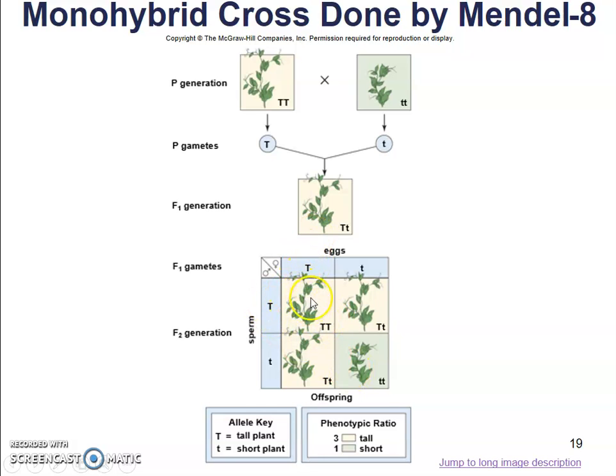So we have 1 true breeding genotype, 2 heterozygous, because hetero means different, because they have a big and a little, a dominant allele and a recessive allele. And then down here we have a true breeding short, because it has 2 recessive alleles. Recessive alleles only show up when there's no dominant present. So we end up with 3 tall pea plants to 1 short pea plant.